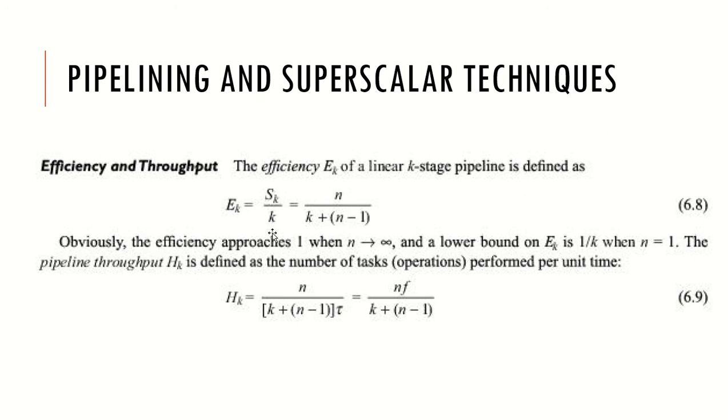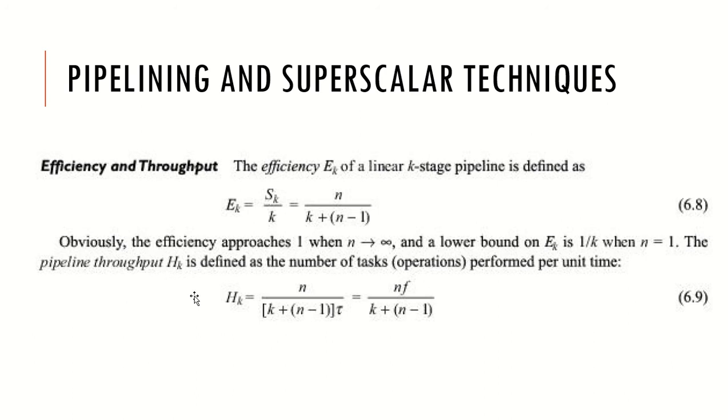Now when you divide it by K, you have the expression for efficiency as n divided by K plus n minus 1. The efficiency always has a value between 0 and 1. It approaches 1 when n tends to infinity, and the lower bound on Ek is 1 divided by K, where n is equal to 1.